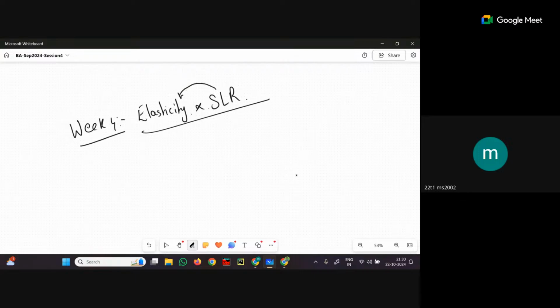Okay. So in elasticity, is there any economics student here? Anyone with a background in economics here? Okay, so I've got Nayonika and Azana Pari. What does elasticity mean?